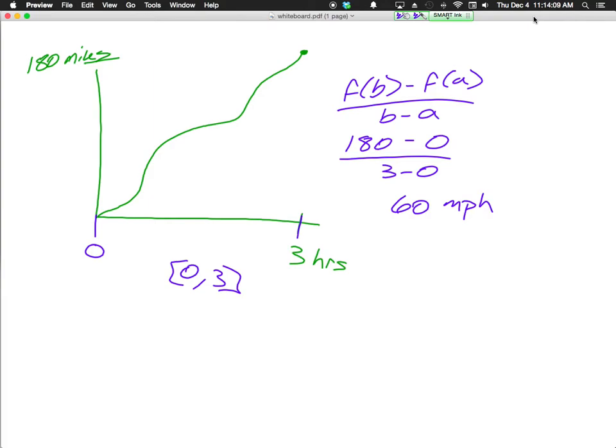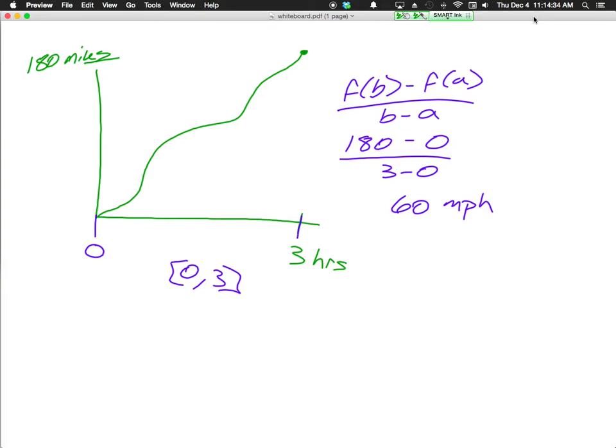So, what can I do to graphically represent AROC? Draw that graph. What did we do earlier when we graphed an AROC?